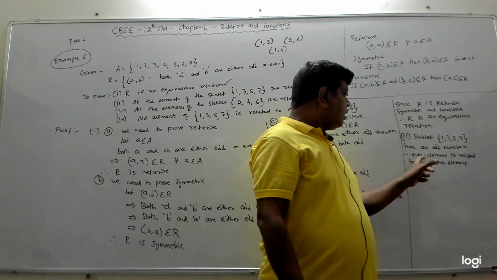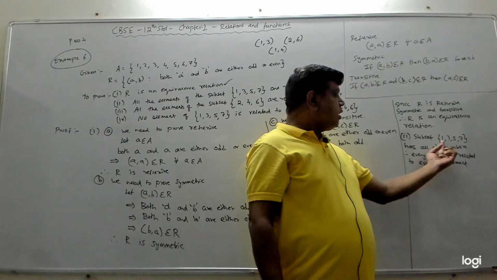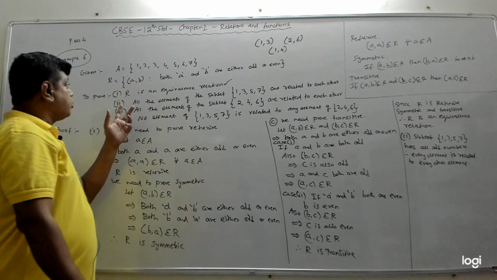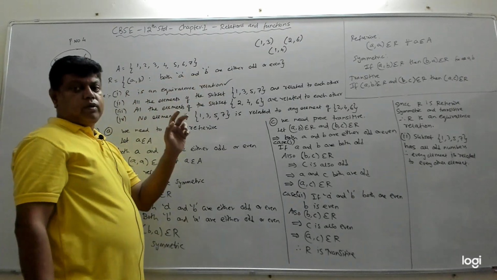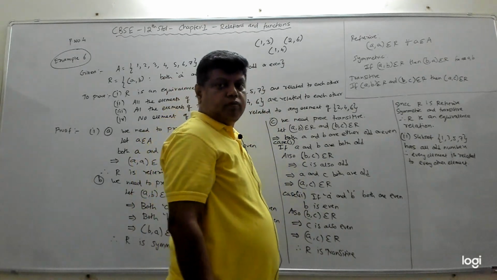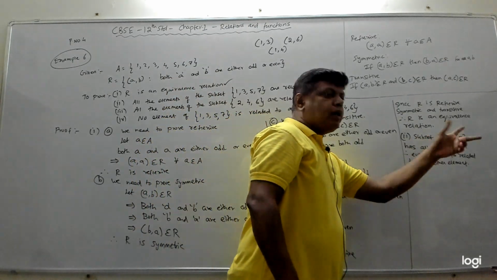Therefore, every element is related to every other element, because 1 will be related to 3 because 1 and 3 both are odd, and the relation is that two numbers will be related if both are odd or both are even. So any two numbers that we take will be odd, so they will be related.